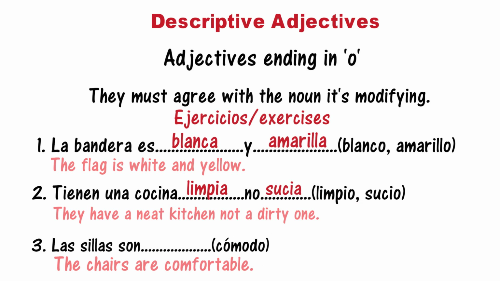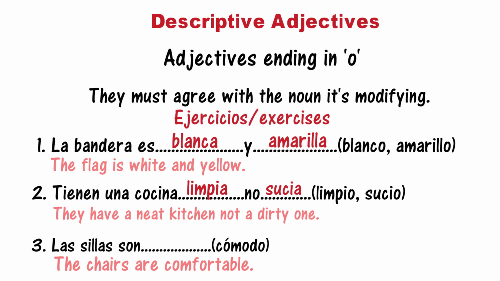If you look at this carefully, our noun over here is una cocina. Una cocina is a feminine noun, and so the adjective must agree with the feminine noun. Limpio becomes limpia, sucio becomes sucia. They have a neat, clean kitchen, not dirty.